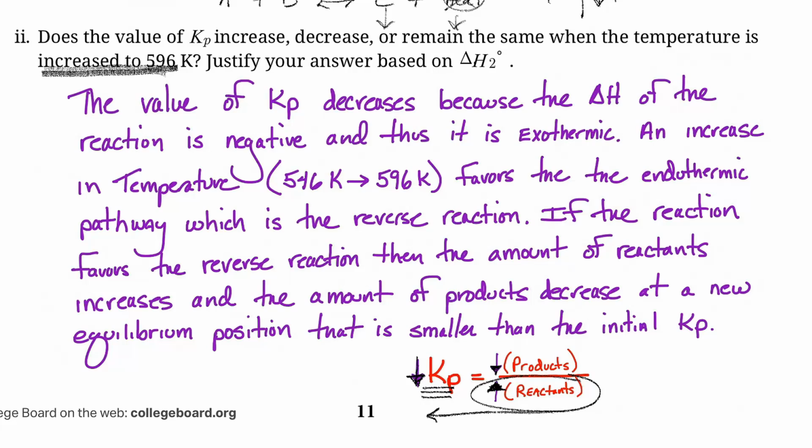Yes, this is Le Chatelier's principle, for sure, but you really need to spell out, in my opinion, that the reaction is going to find a new position that favors more reactants, because it is exothermic in the forward, which means we have to go in the reverse to favor the endothermic pathway, because an increase in temperature always favors the endothermic pathway, which is the reverse in this case. A decrease in temperature favors the exothermic pathway.